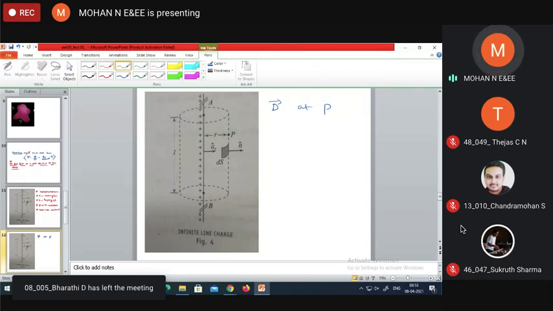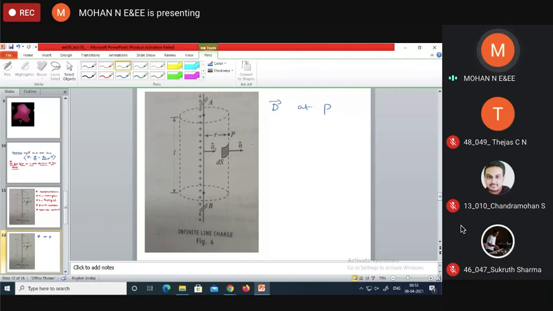So this is the curved surface of the cylinder, and that will be at the same distance from the line charge. That means it is equal to R, the radius of the cylinder. So the flux density is constant over the surface and is equal to D. So along the curved surface of the cylinder, D is constant.